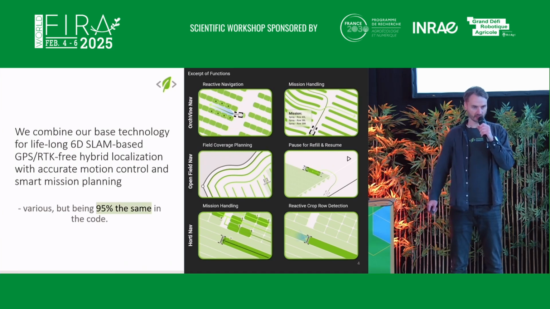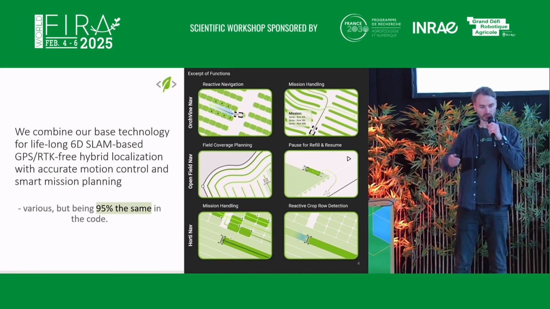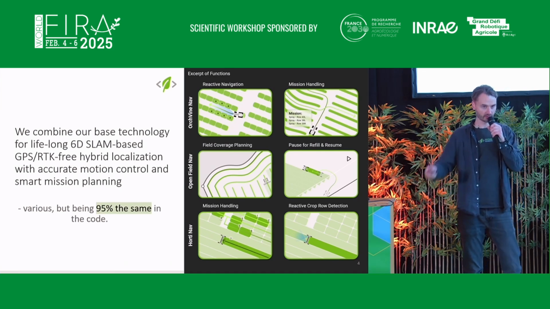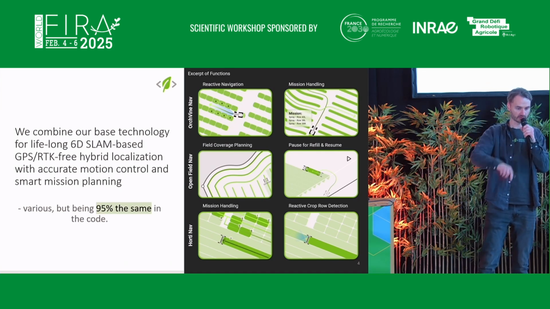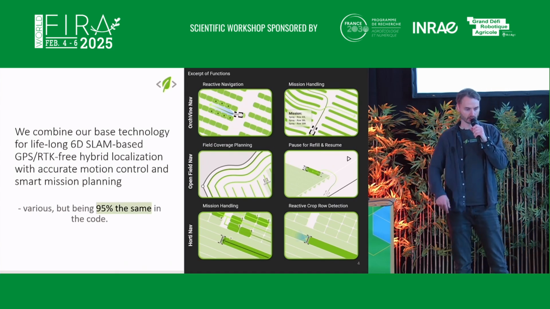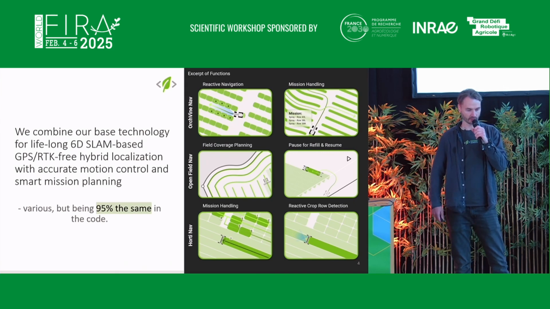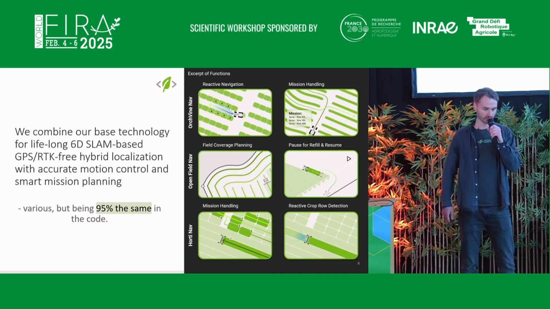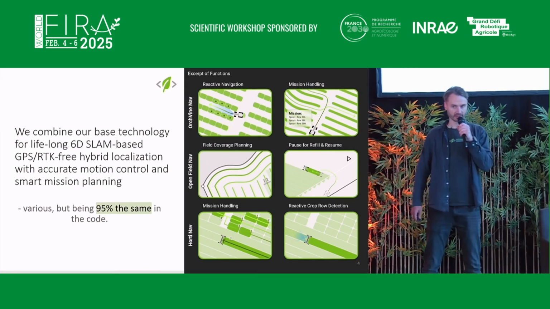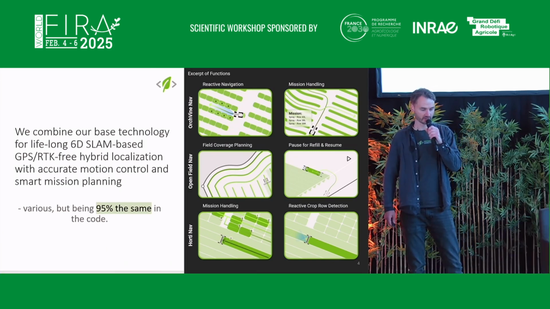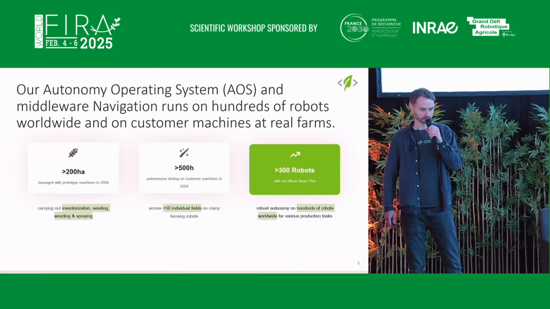When you think of, okay, refill the tank, going back to the home position, and then restart your mission where you stopped spraying, for example, or doing autonomous field coverage planning on a field, but also in horticulture, like in vegetable production, small and big scale, whatever, with mission planning.